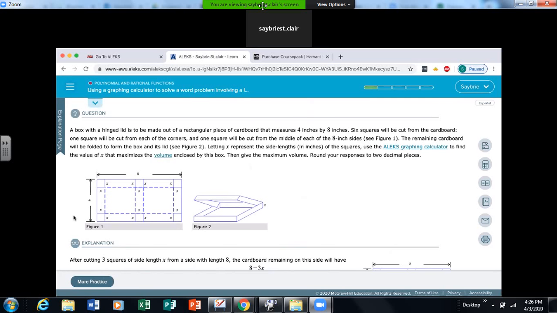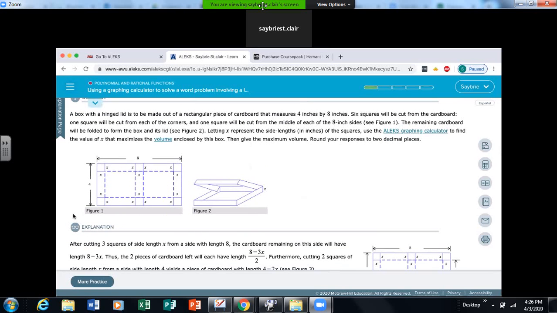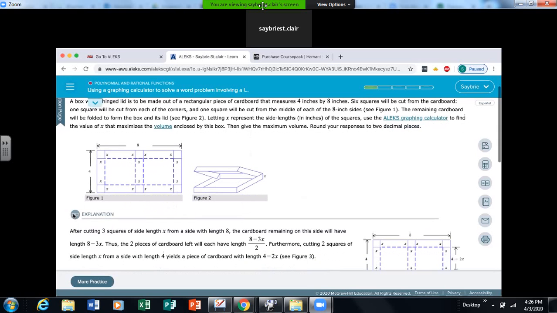So 8, length is 8, side is 4, 8 minus 3 of those x's. Oh my goodness, let me take a picture of that.